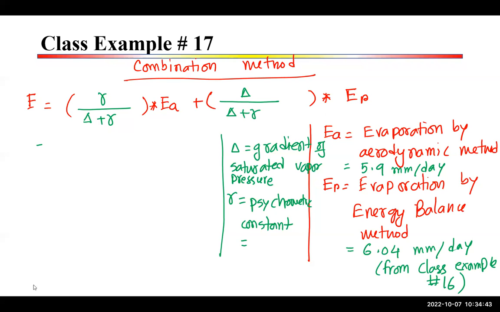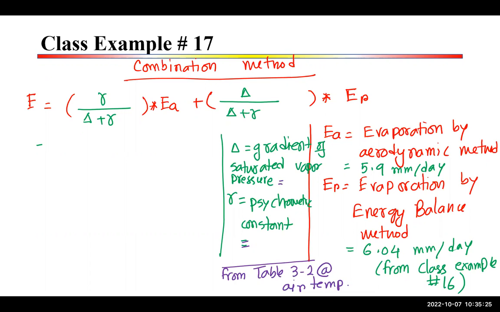And from where we can get all of these values? Any idea? Table 3.2, yes. At which temperature? 30. From table 3.2 at air temperature, right? Okay. Now you have again 3 minutes. Find out delta, find out gamma, and give me the very final answer for each one.